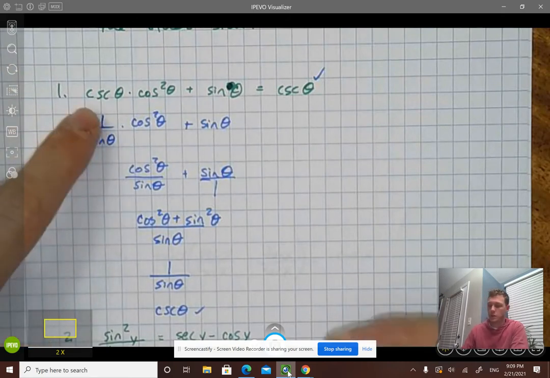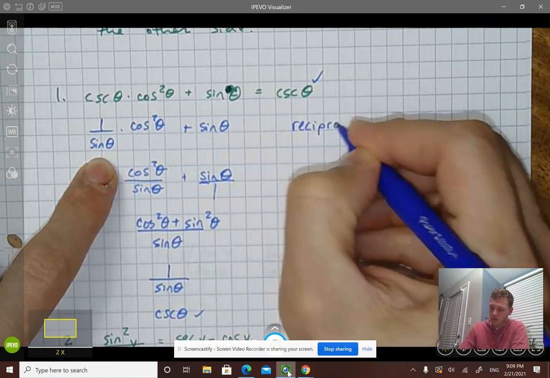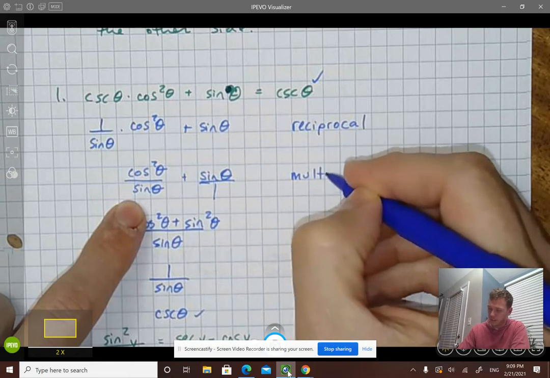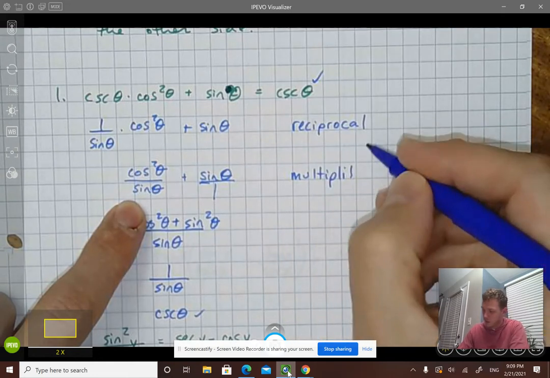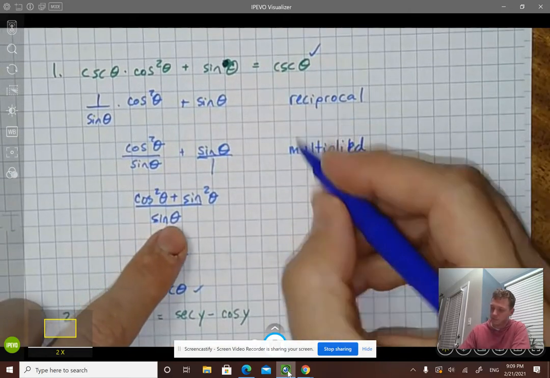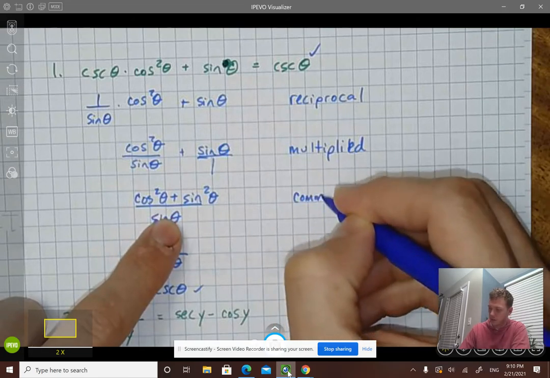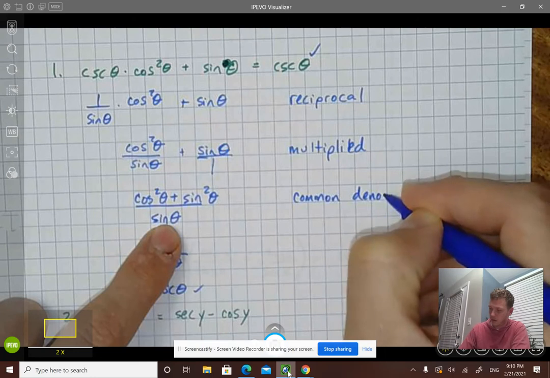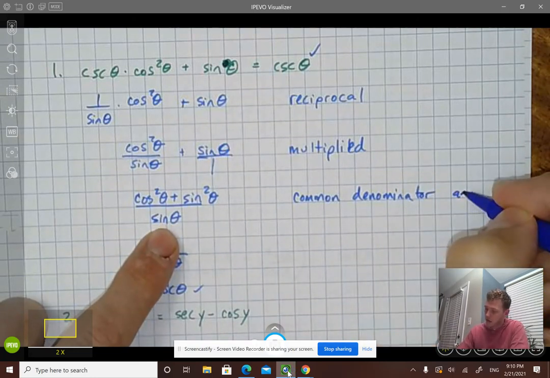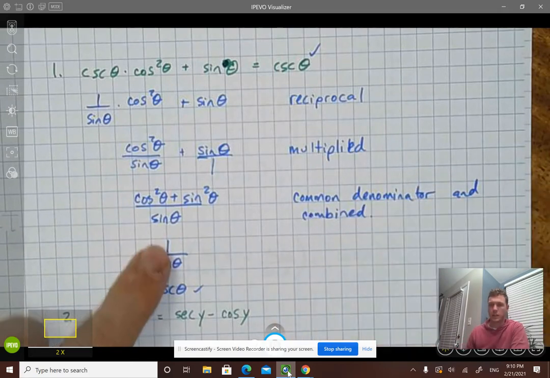So what did we do here? First we used the reciprocal. Then we just multiplied there. We didn't use one of the identities. Here we found a common denominator and added together, so we combined using the common denominator.